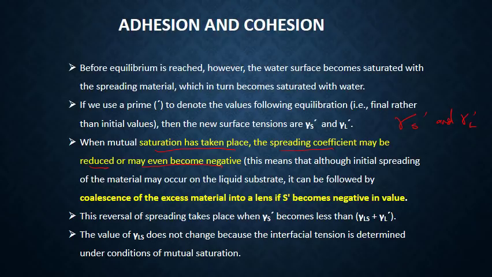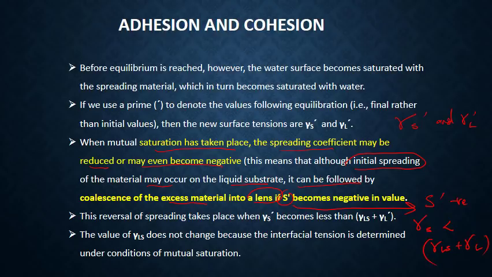This means although initially the spreading coefficient is positive, so spreading may occur on the liquid, it can be followed by coalescence of the excess material into a lens if the final spreading coefficient, which is S prime, becomes negative in value. This reversal of spreading takes place when the surface tension of S becomes less than the sum of the interfacial tension and the surface tension of the initial liquid.